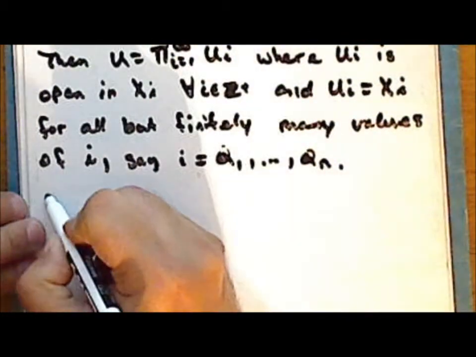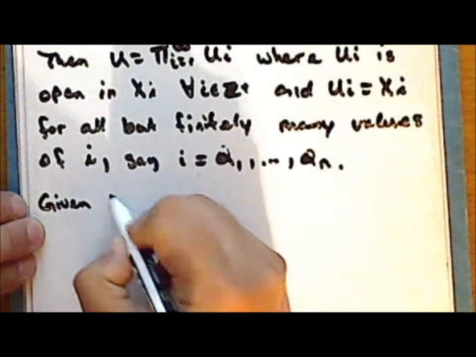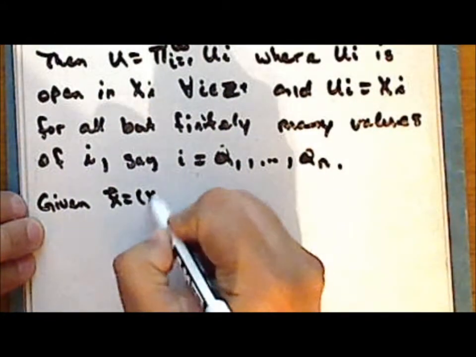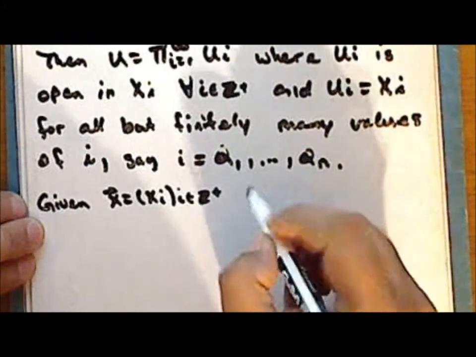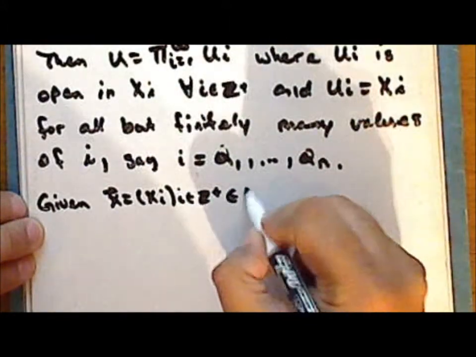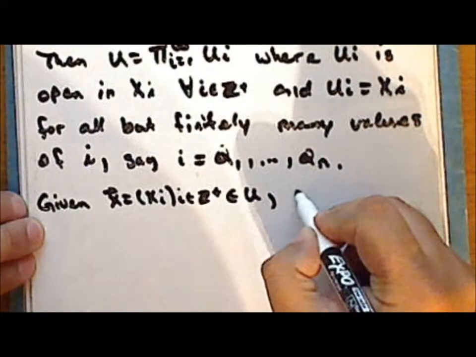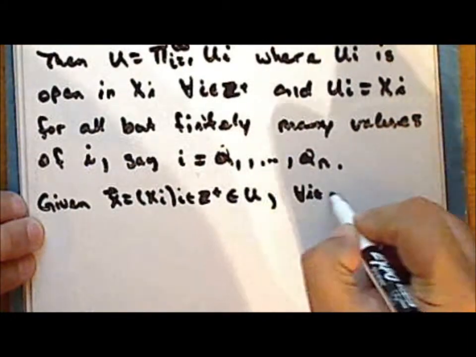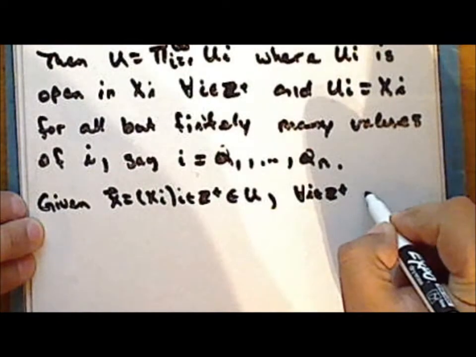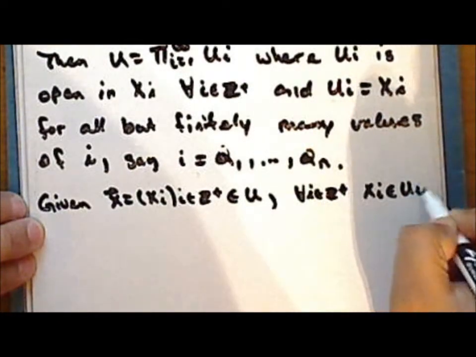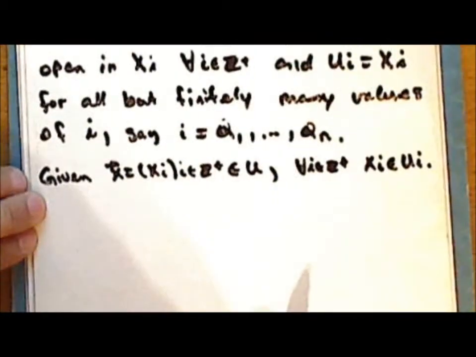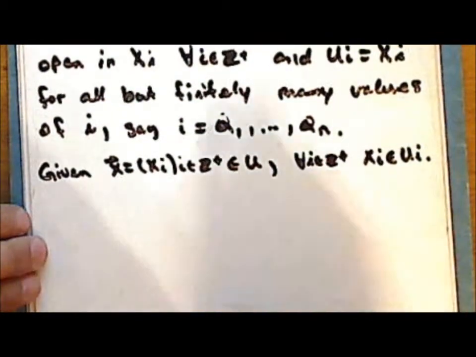So, given a point x with coordinates x sub I in the set U, for each index the coordinate x sub I is in the set U sub I, where U sub I is open in its respective topological space.